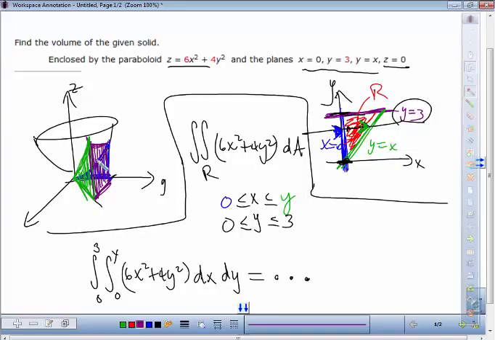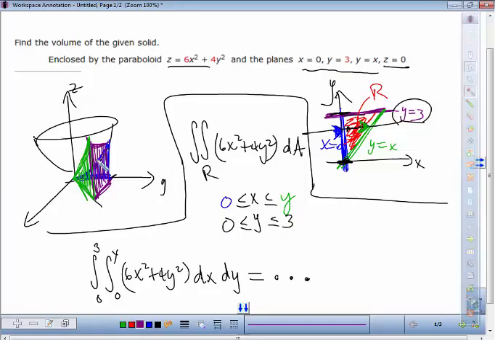Okay? So again, if you're a spatial visualization person, then you should really be able to visualize this, and even if you're not, I think it's good practice to try to visualize things.